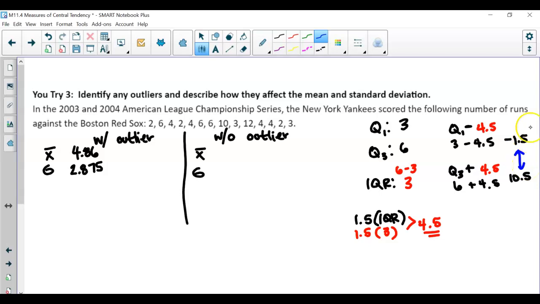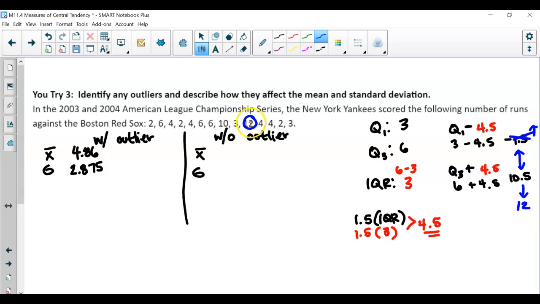Well, it doesn't make sense that we're going to have any negative values, so below, we don't need to really look at that. But are there any values, did you notice anything that is above 10.5? Yes, 12. 12 is above 10.5. So 12 was the outlier.